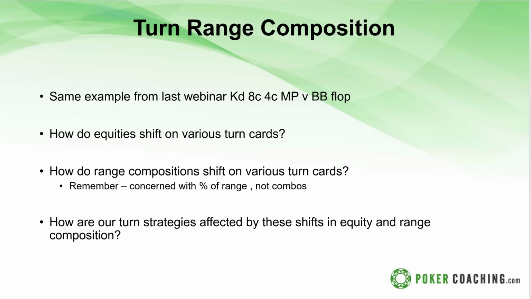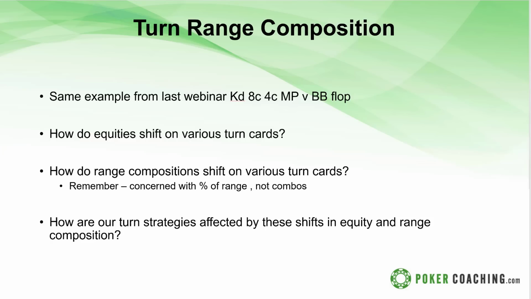So today we will be looking at turn range compositions. We'll be looking at the same example from the last webinar: king of diamonds, 8 of clubs, 4 of clubs, middle position versus big blind, flop. The main question we're going to look at is, how do equities shift on various turn cards? Last week we looked at the equities on this King 8-4 flop, range versus range.